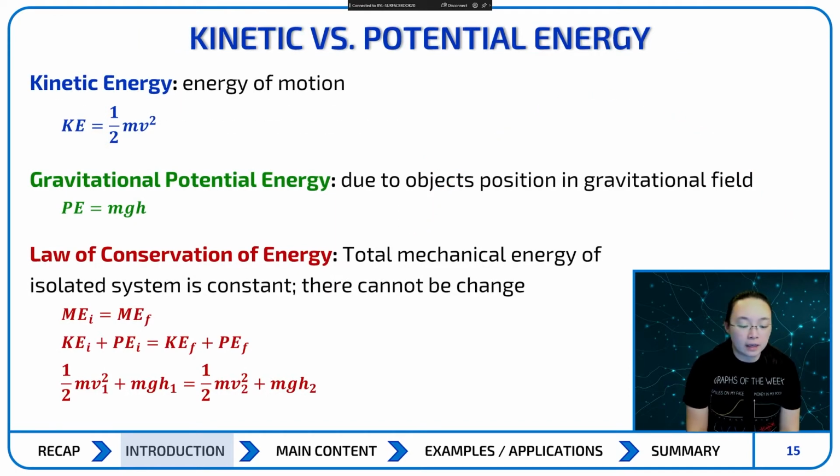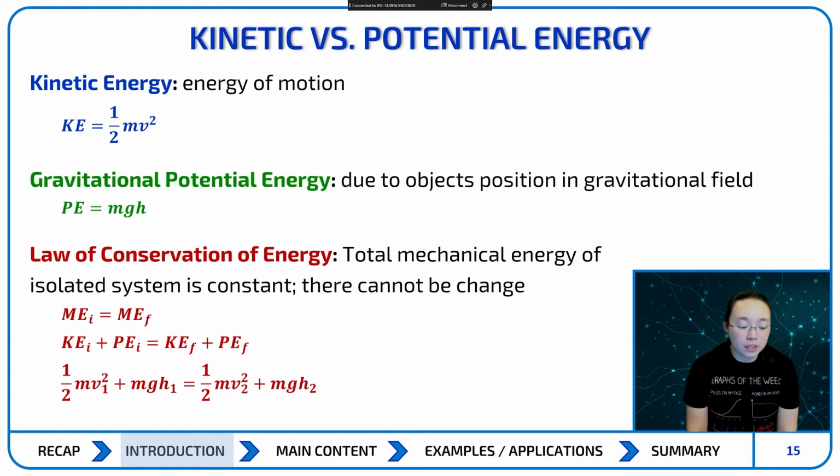Next, we have kinetic versus potential energy. Basically the difference is that kinetic energy is the energy of motion. Gravitational potential energy is the energy that objects possess due to their position in some sort of field, in this case, a gravitational field.